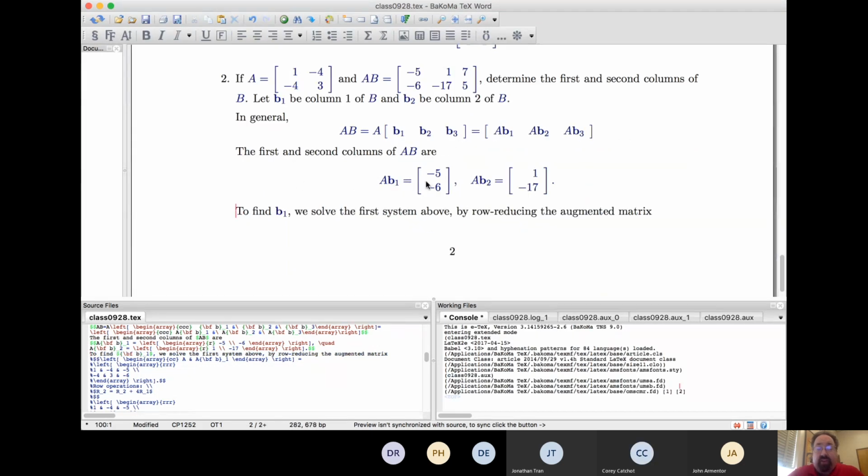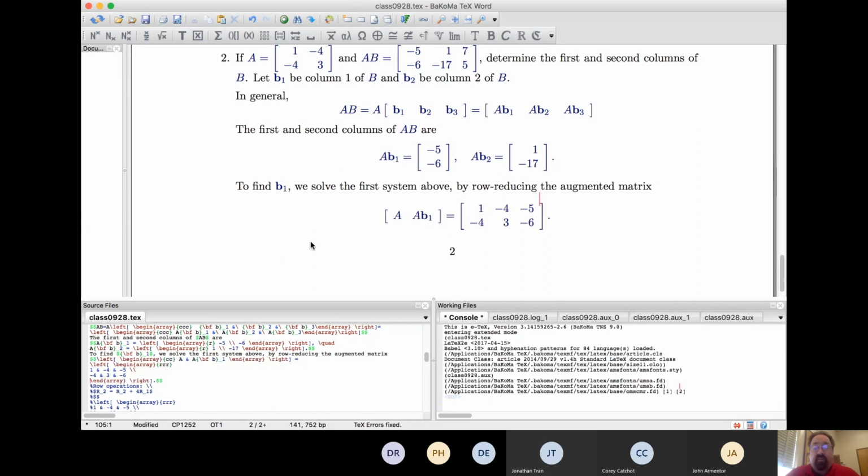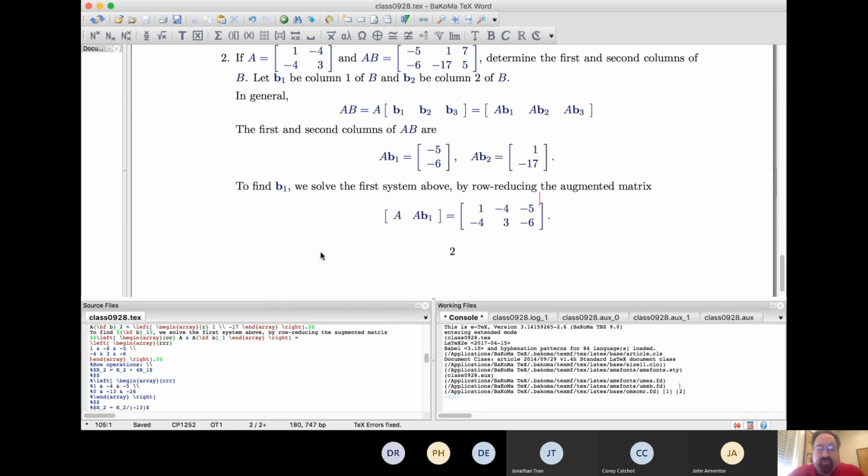So to get the first column, we'll just work with this augmented matrix. So A and then the result, AB1. Take matrix A here, the first column of the product here, and now when I solve this system, I'll get B1. So I can do what I always do with an augmented matrix, and that is row operations.